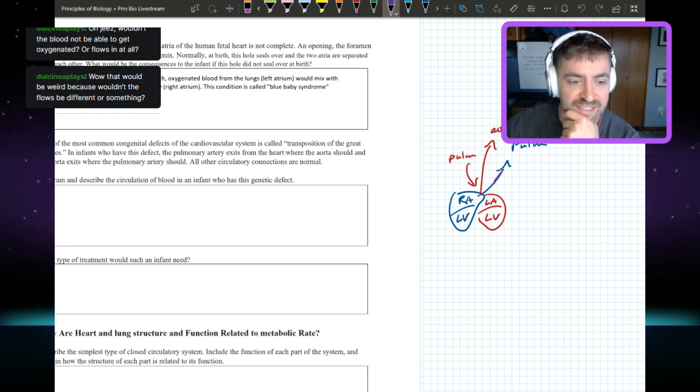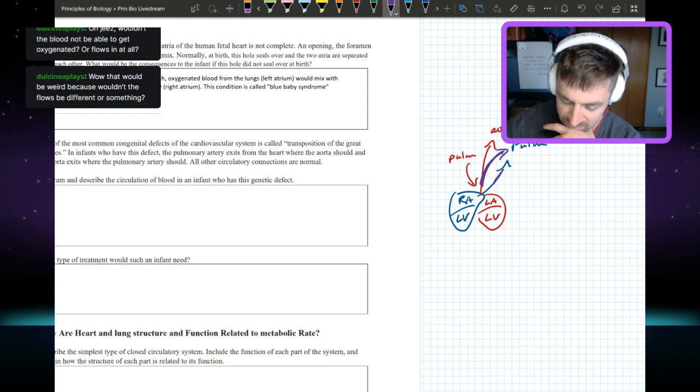And the aorta exits where the pulmonary artery should. All other circulatory connections are normal. So instead, we've got here and here.